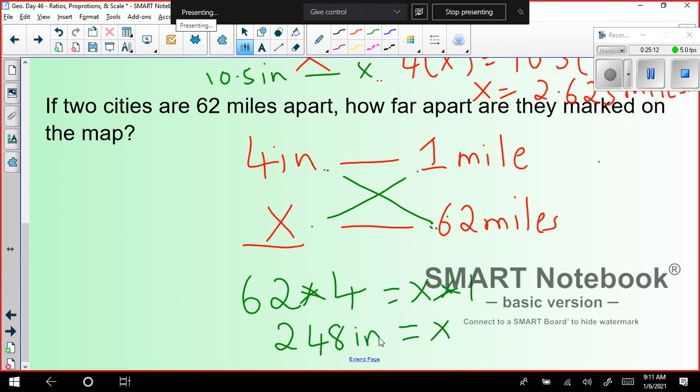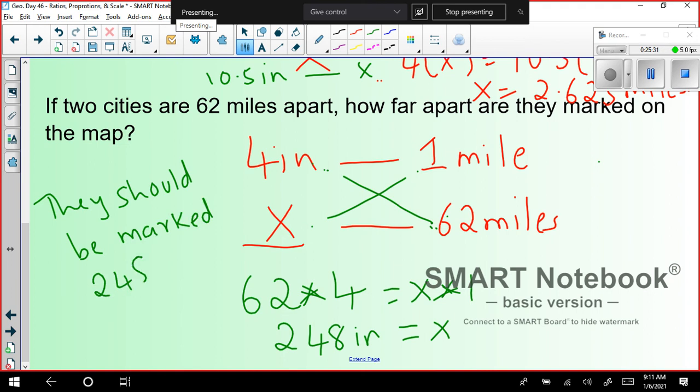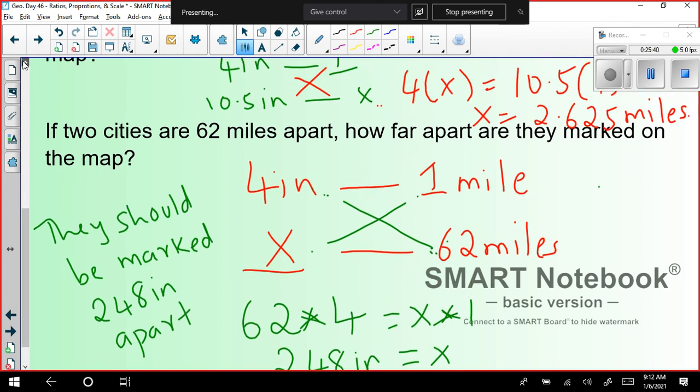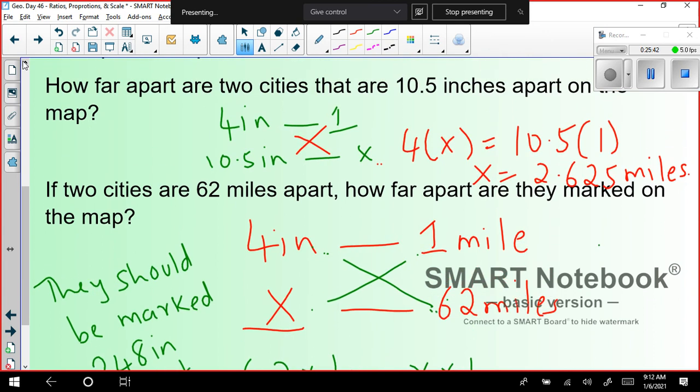Once you get this, you have to write it in a sentence. They should be marked 248 inches apart. Same way for the above one, you should have written the two cities are 2.625 miles apart.